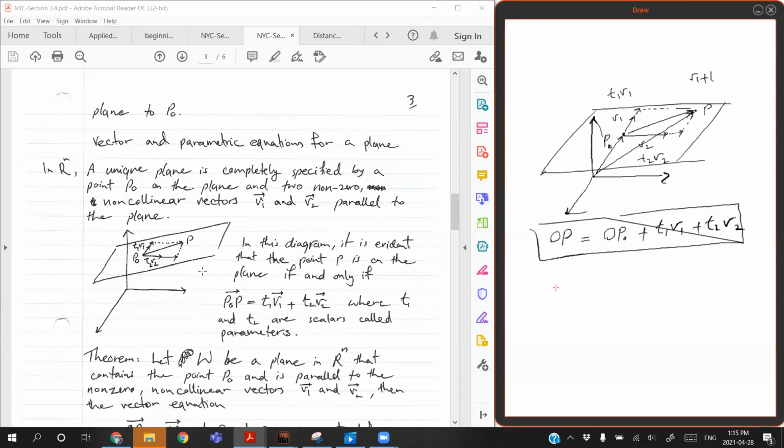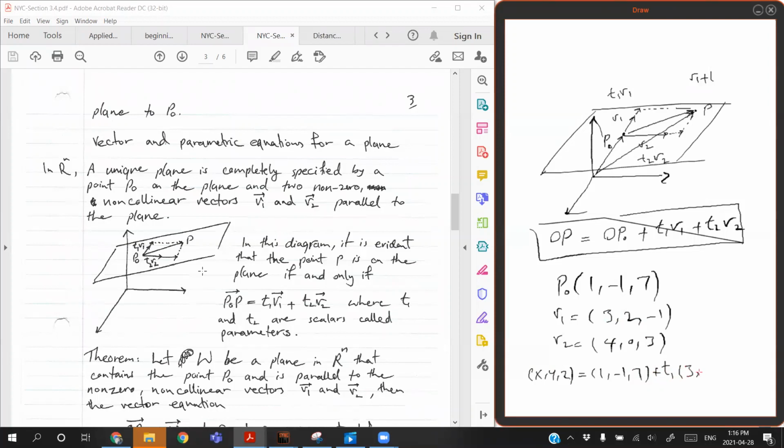For example, if I ask you to give me a vector equation for a plane that passes through the point P0, let's say (1, -1, 7), and is parallel to the vectors V1 and V2, let's say V1 is (3, 2, -1) and V2 is (4, 0, 3), then that equation is simply going to be OP, which is our arbitrary point on the plane (x, y, z), is equal to OP0, which is (1, -1, 7), plus t1 V1, (3, 2, -1), plus t2 V2, (4, 0, 3).